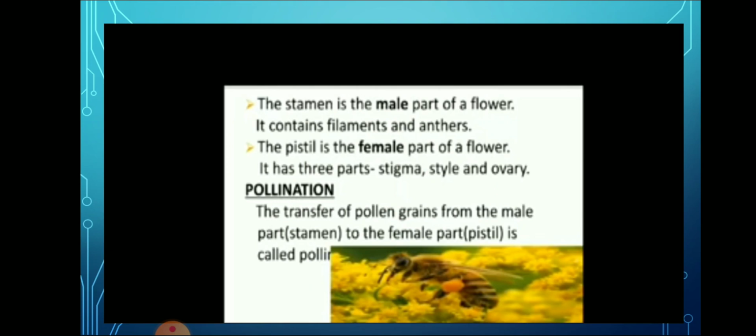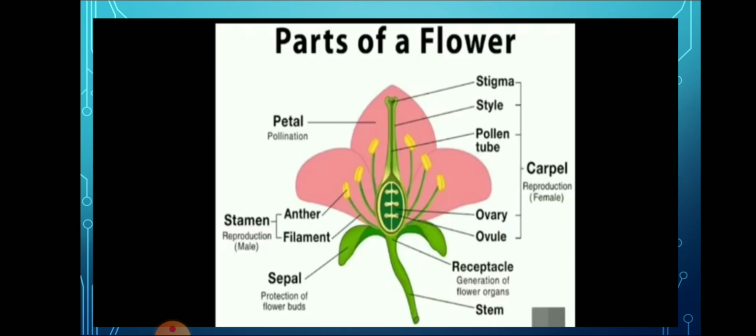It consists of filament and anther. The pistil is the female part of a flower. It has 3 parts: stigma, style and ovary. You may also observe once again in this picture. Stamen, male part and carpel, female part.